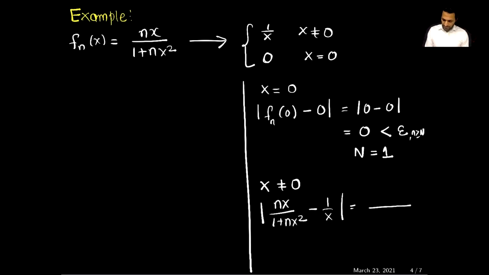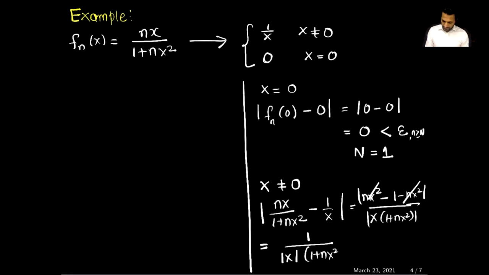It's going to be the absolute value of this term, which is n x squared minus 1 minus n x squared. This term will cancel out, and if you simplify the top and bottom, you get 1, because the absolute value of negative 1 is just 1. So this is 1 over the absolute value of x times 1 plus n x squared.